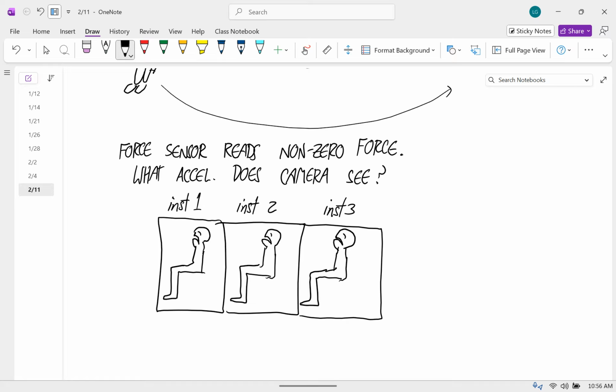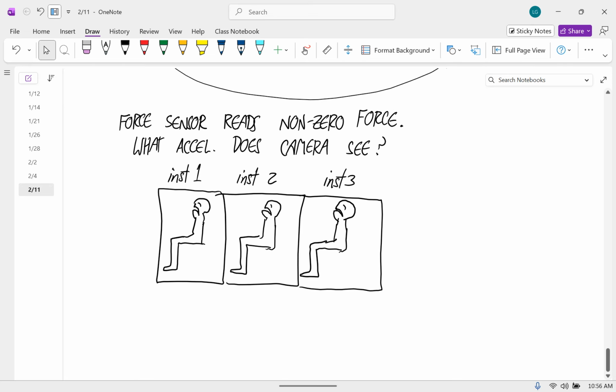Okay, so the camera sees the same thing at all three of these instants, even though the background is changing. All the camera is doing is tracking the motion of this person's center of mass. And so the camera sees 0 acceleration again.